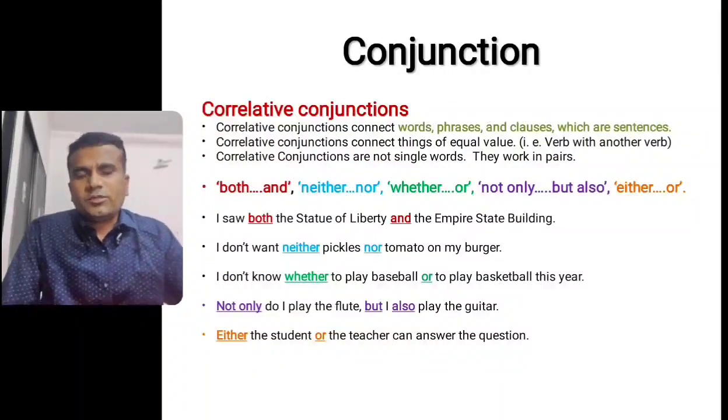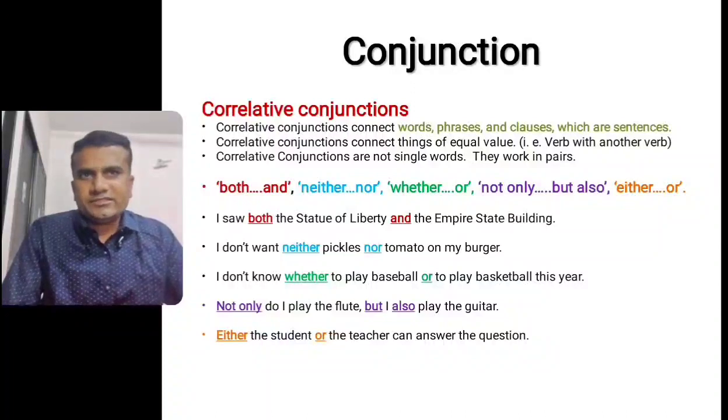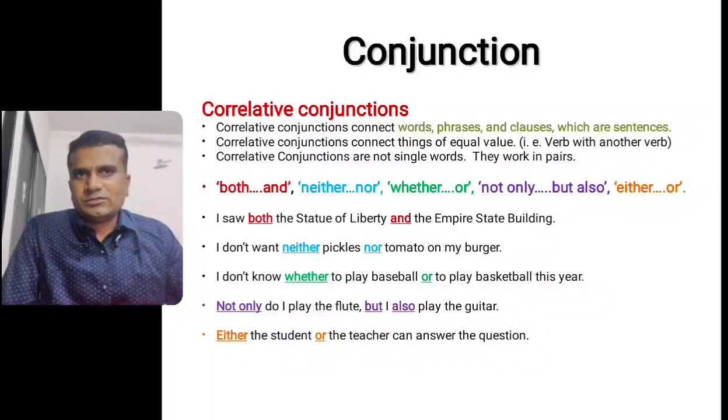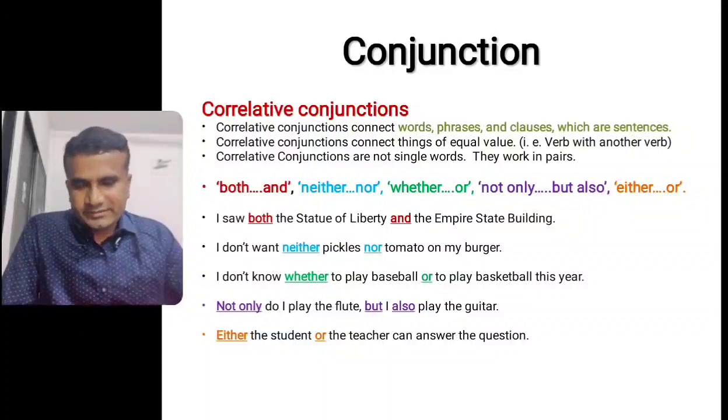Now we will talk about the final type of conjunction, that is correlative conjunctions. See, correlative conjunctions connect words, phrases and clauses. They connect things of equal value, for example a verb with another verb. Correlative conjunctions are not single words, they work in pairs.